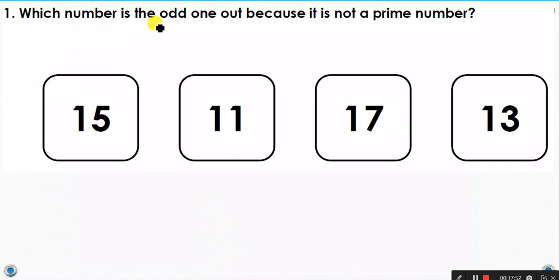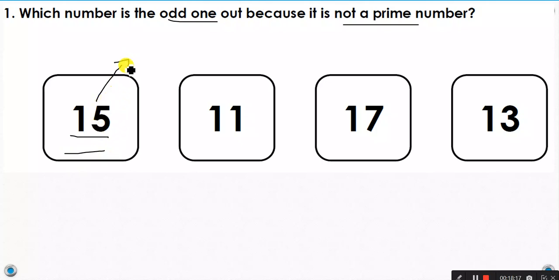Which number is the odd one out, because it is not a prime number? The question asks for the odd number that is not a prime number. As we see, 15 is an odd number. It is not a prime.